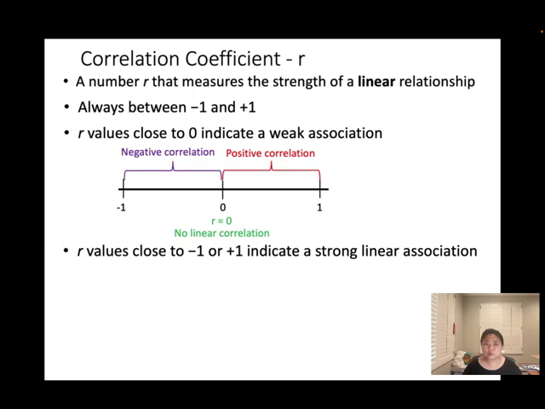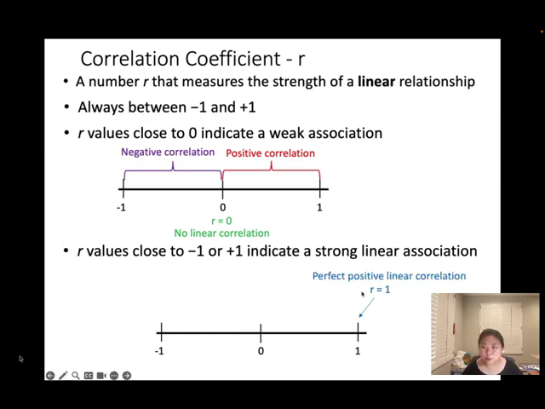When R values are close to -1 or +1, that indicates a strong linear association. When R equals 1, we call this a perfect positive linear correlation.